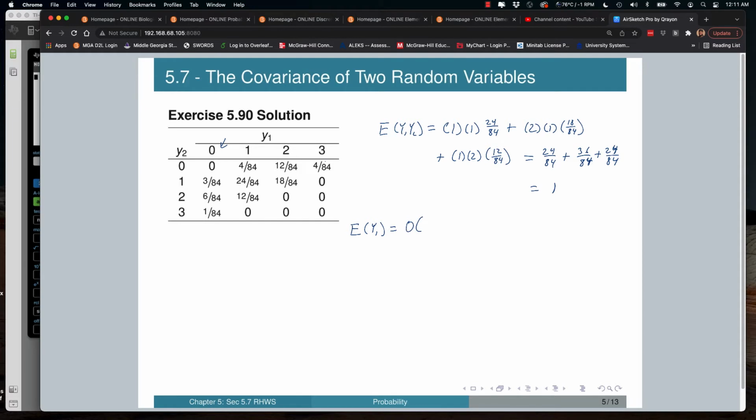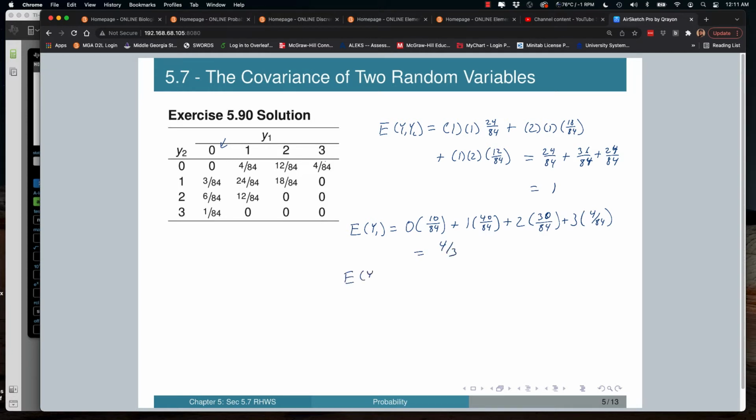So I should get 0 times 10 over 84, plus 1 times 40 over 84, plus 2 times 30 over 84, plus 3 times 4 over 84. And this one turns out to simplify down to 4/3.